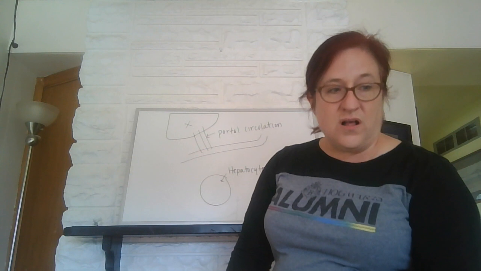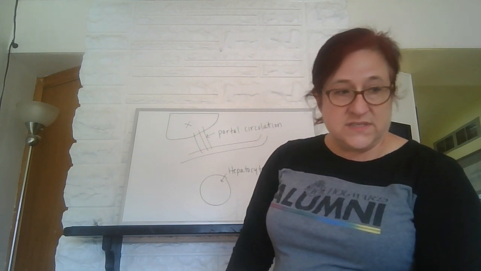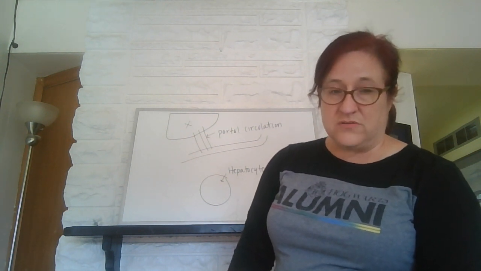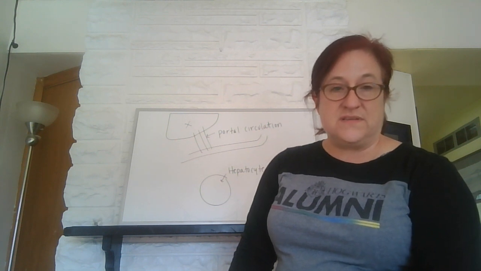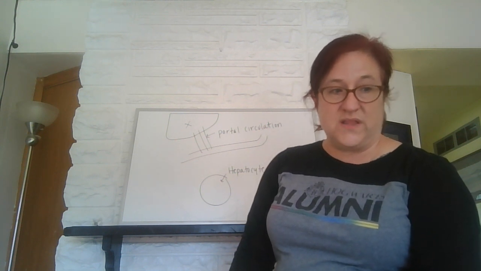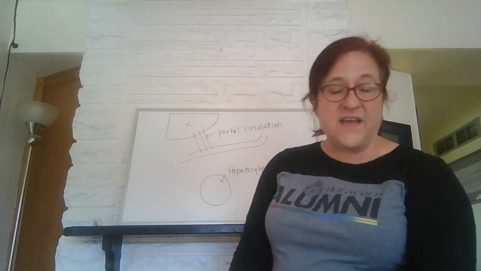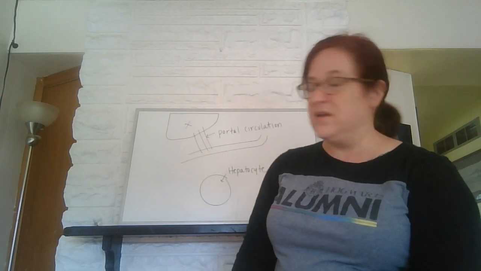But it could also be liver injury related to alcohol use or fat accumulation, which in our country with the obesity epidemic is a reason for people to develop hepatitis. Fat accumulations in hepatic cells. Fat accumulation is an injury related to cellular accumulation.